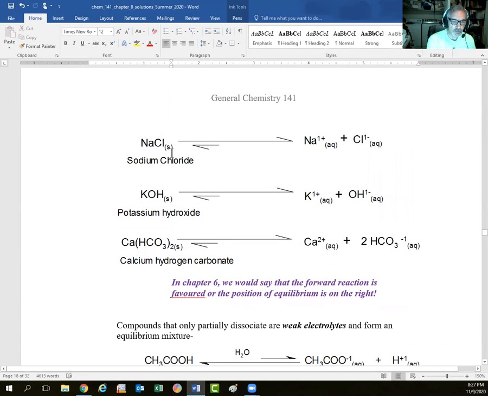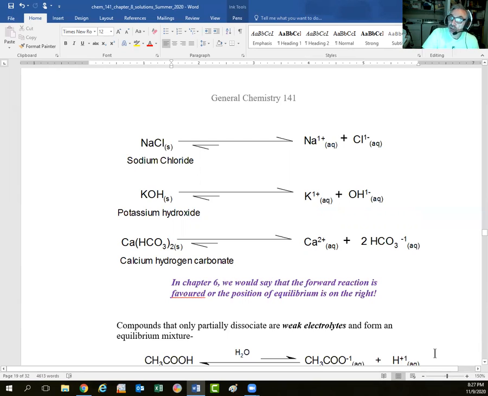And that would be things with a position of equilibrium firmly on the right, things like sodium chloride, of course the group 1 sodium metal, making it highly soluble in water, or potassium hydroxide, the potassium making it highly soluble in water and making it dissociate into potassium and hydroxide ions, or the hydrogen carbonate, which was another one of our polyatomic ions in our rules for high water solubility, highly water soluble, so dissociates from the calcium, and the position of equilibrium is firmly on the right again.